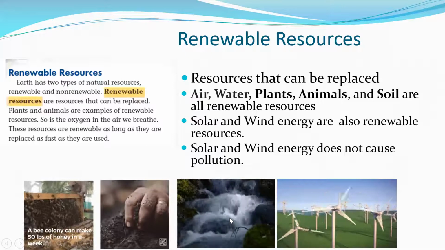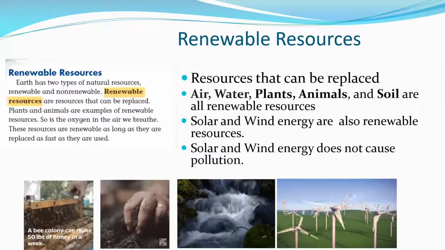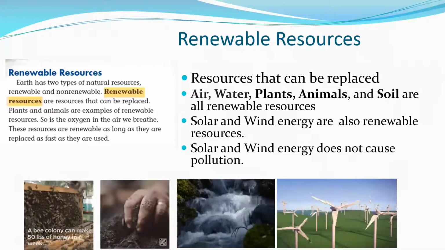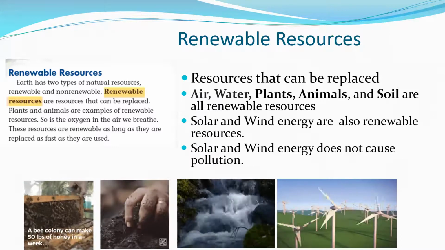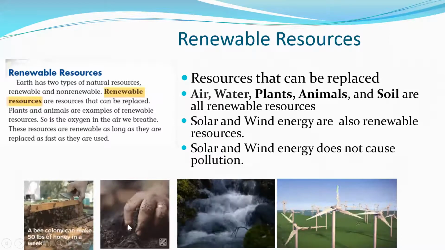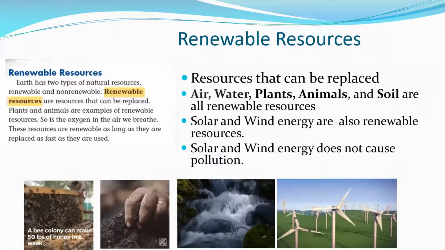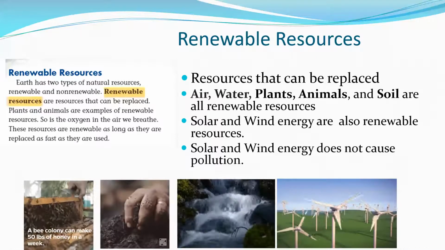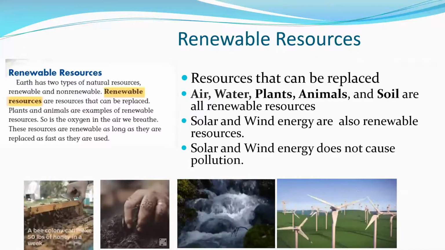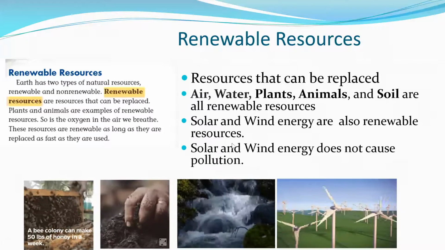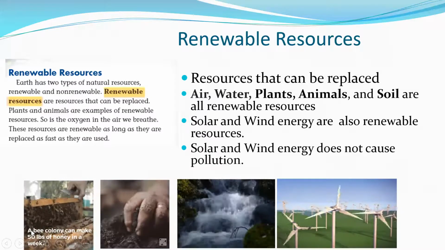Then we have water, which is one of the most important natural resources. Without water, we could not survive. Same thing with soil. Without soil, we would not be able to live. Okay? And then one that you guys probably didn't think of as a natural resource, which would be animals, are bees.